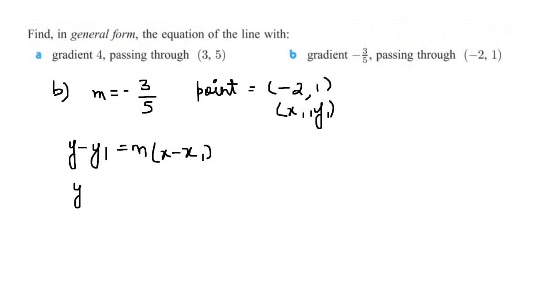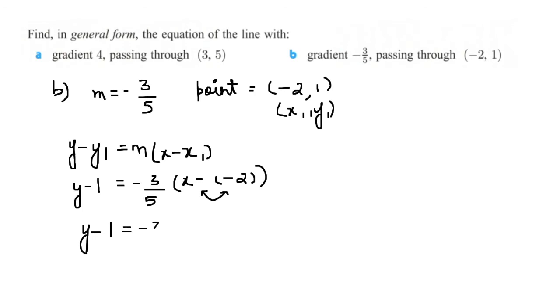So y and x remain as they are because the equation needs to have two variables. y1 I will substitute as 1, m is minus 3 upon 5, x minus of minus 2, because x1 is minus 2. I put this minus 2 in a bracket. Now this minus and minus will become plus. So y minus 1 is equal to minus 3 upon 5 within brackets x plus 2.